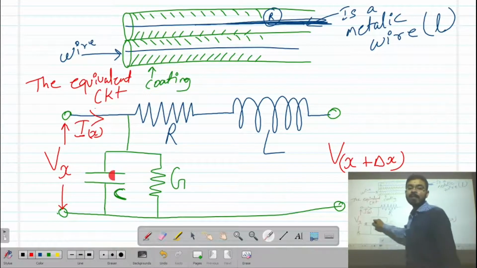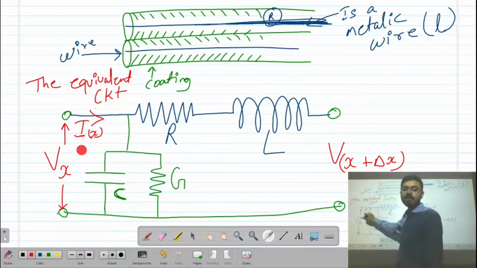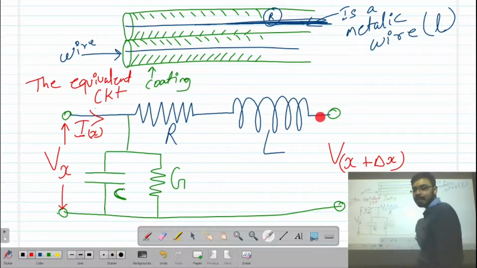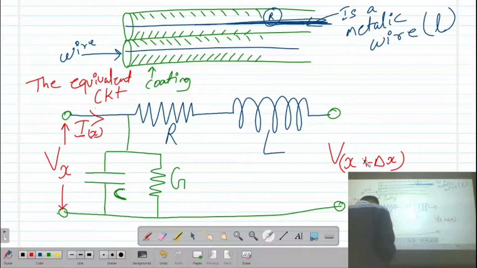This is an equivalent circuit of a two-wire transmission line. If a signal starts from this point to this point, then there will be an increase in the length. That component is x. Increase in the length is delta x, x plus delta x, right?